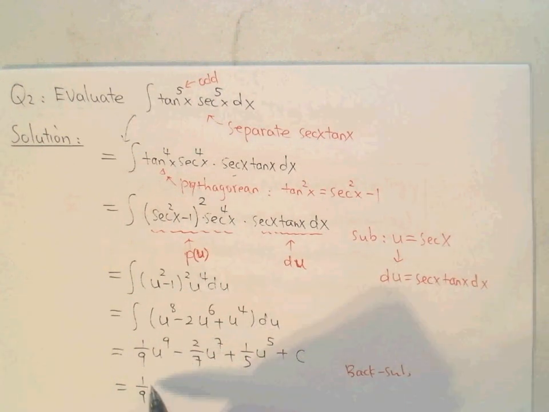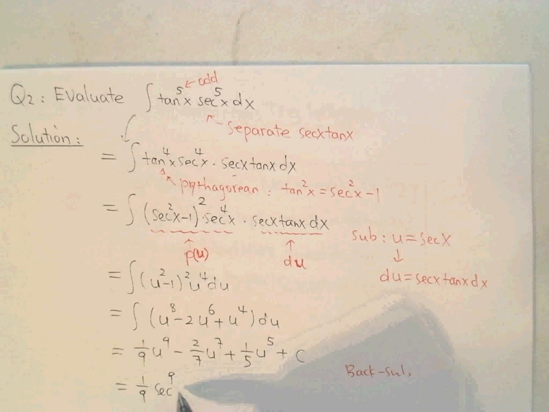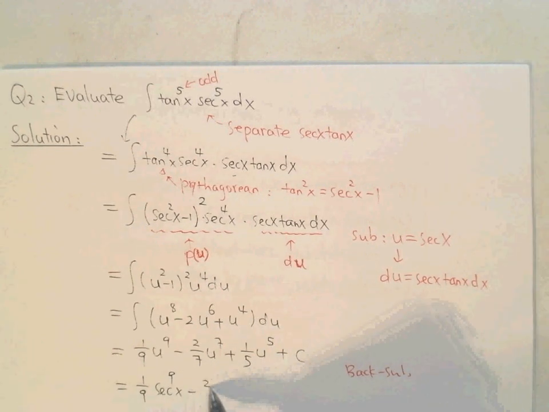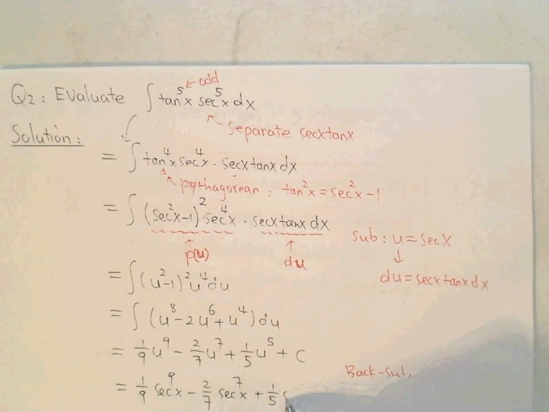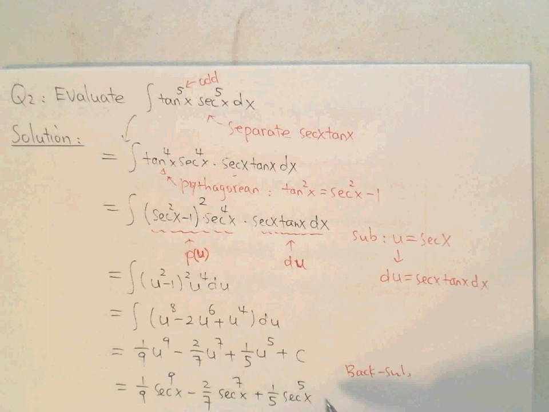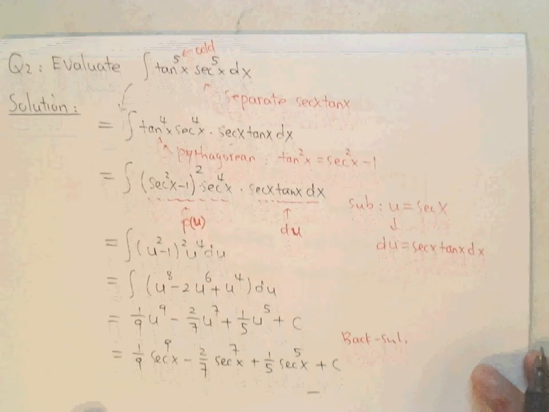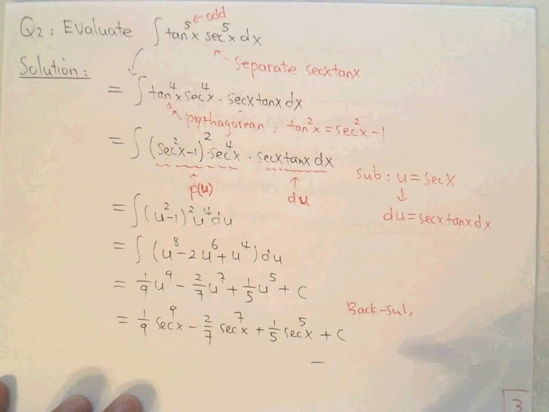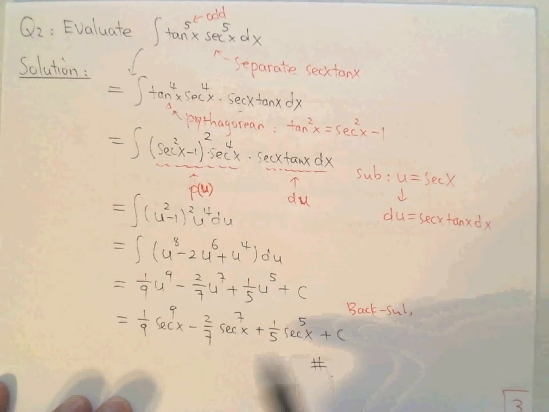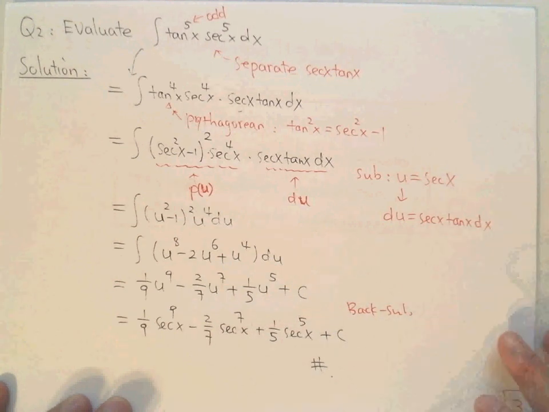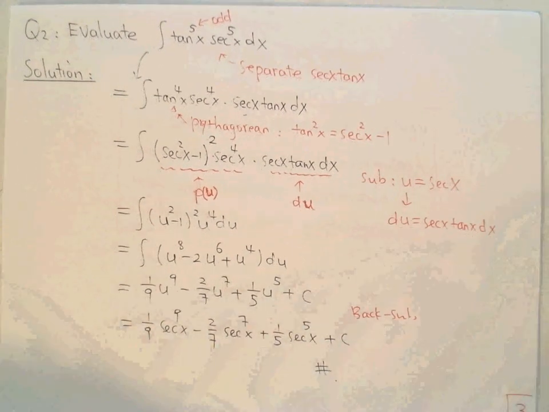So back substitute, we get 1/9, u is secant x, so we have secant to the 9th power, then minus 2/7 secant to the 7th power plus 1/5 secant raised to the 5th power plus c. Sorry, it's almost impossible to see, so look at it after this substitution. And this is the final answer.